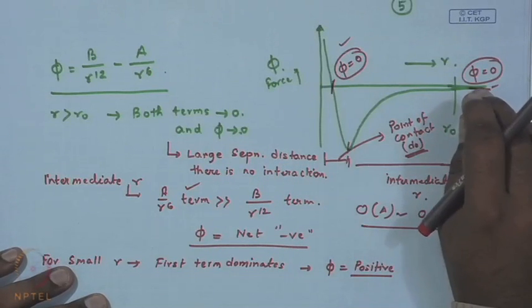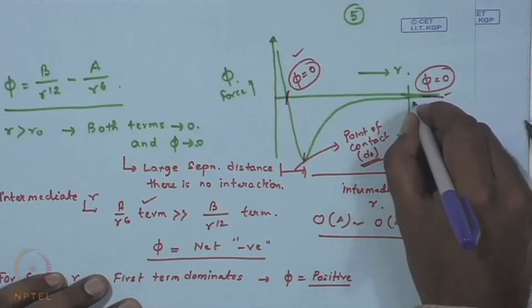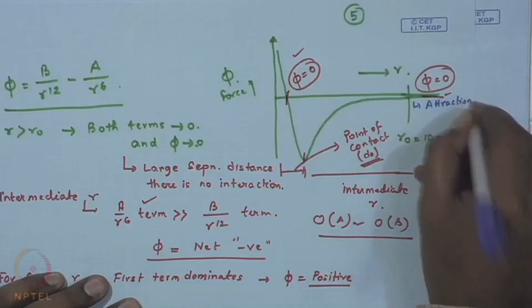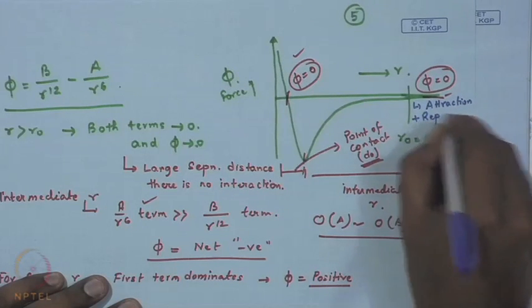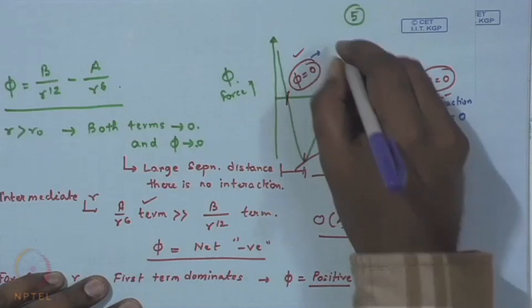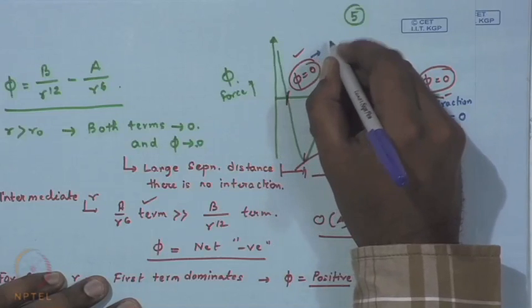Here phi is equal to 0 because in this particular area attraction and repulsion are both equal to 0. Over here it is different: the attractive forces and the repulsive forces match each other.